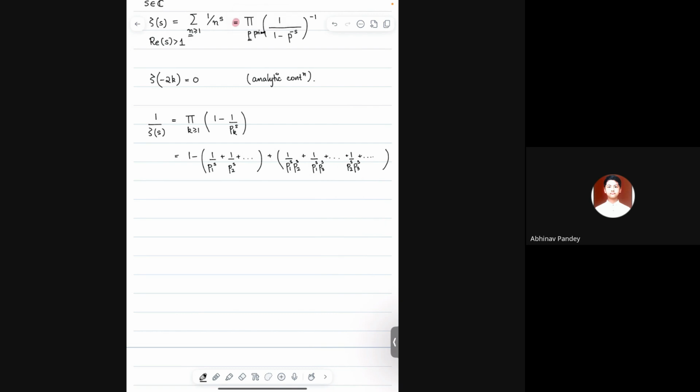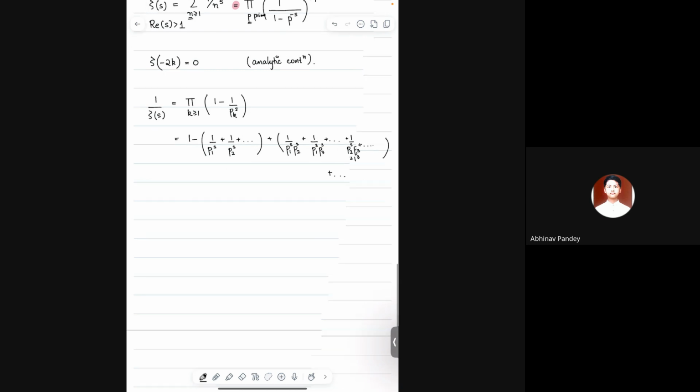What's showing up in the first bracket is denominators where only one prime appears. What is showing up in the second bracket is denominators where exactly two primes appear, and so on and so forth. And you can continue doing this when you open up the brackets in the first line.